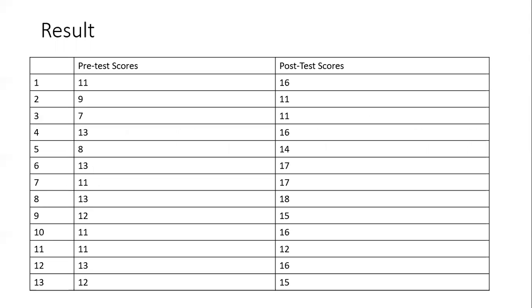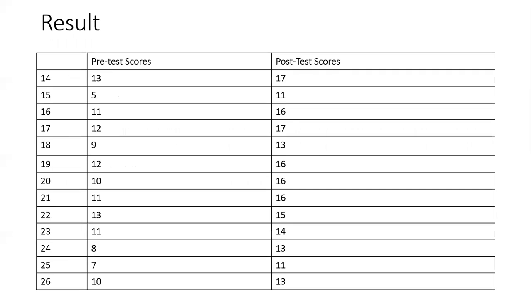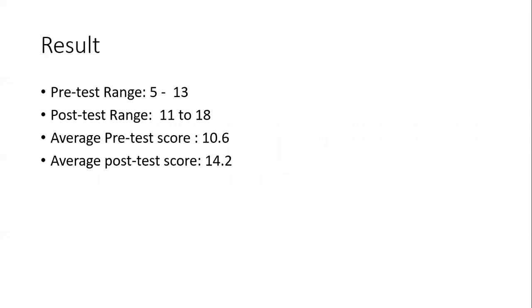As you can see, in pre test, the scores are lower, while in post test they have scored higher because they were given the motivation that if they tend to include more synonyms and antonyms in their writings, they will be given more marks. And you can see the range of pre-test was 5 to 13 marks, while the post-test range was 11 to 18. And the average pre-test score was 10.6 out of 20, and average post-test score was 14.2.